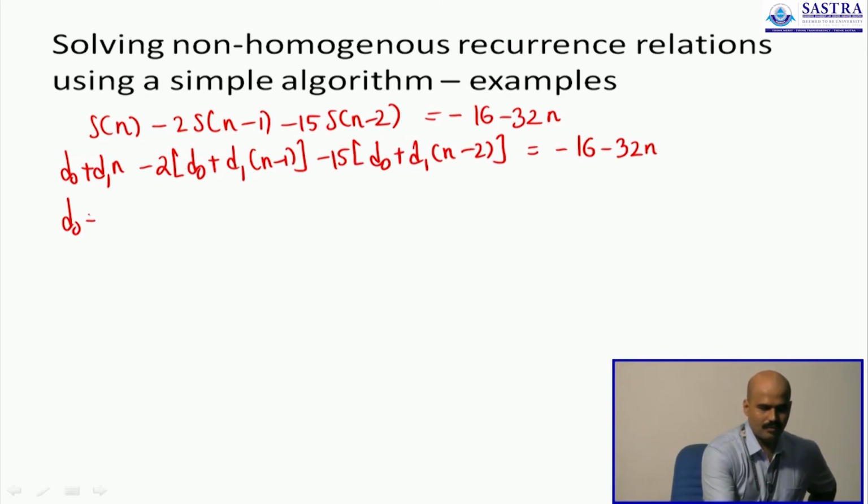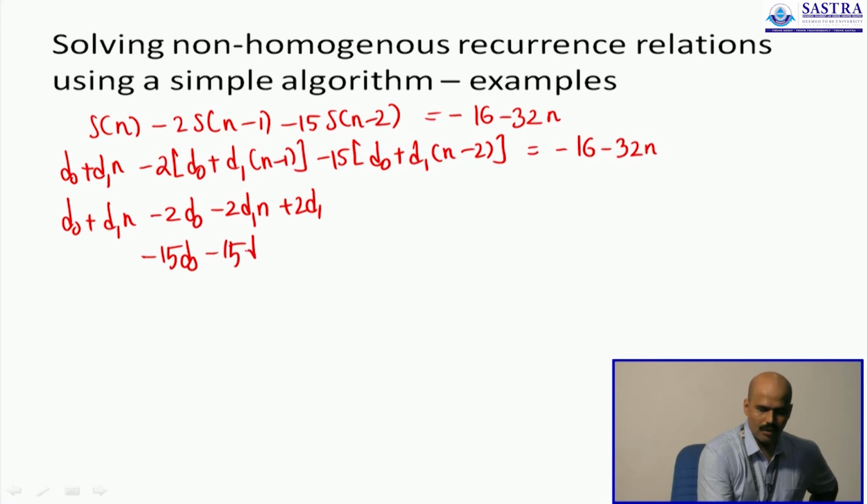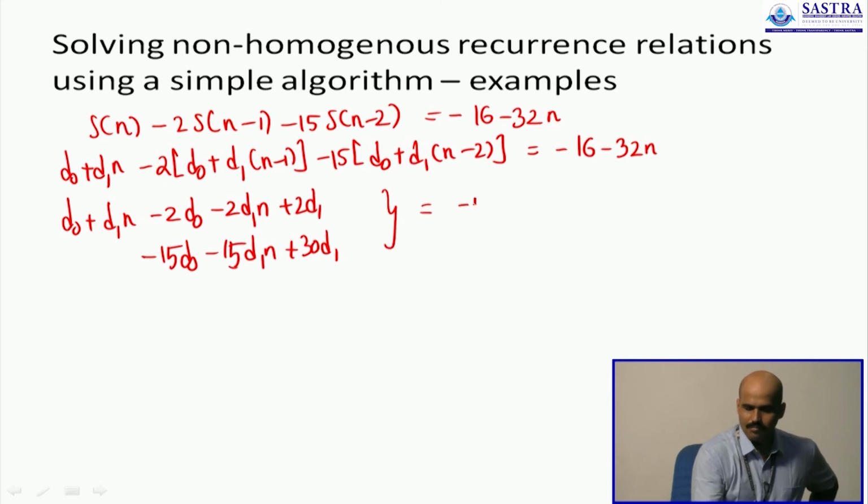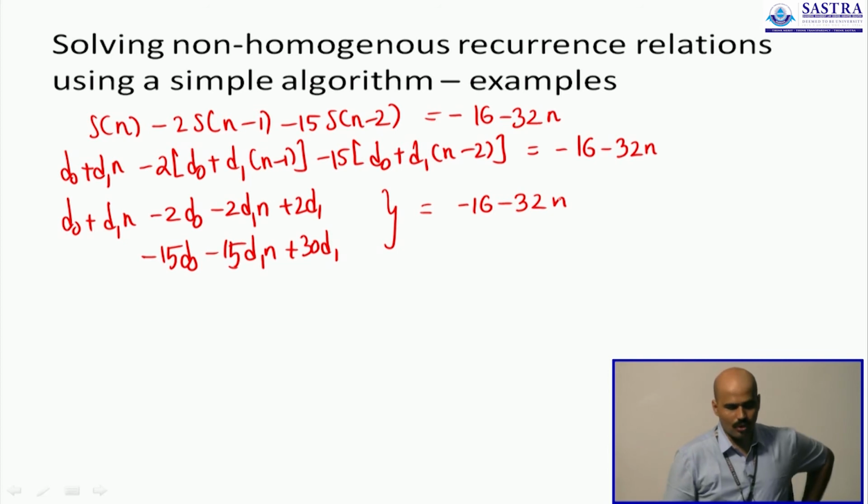Simplifying, d naught plus d1 n minus 2 d naught minus 2 d1 n plus 2 d1 minus 15 d naught minus 15 d1 n plus 30 d1, all of them giving us minus 16 minus 32n. Simplifying, let us group the constants.